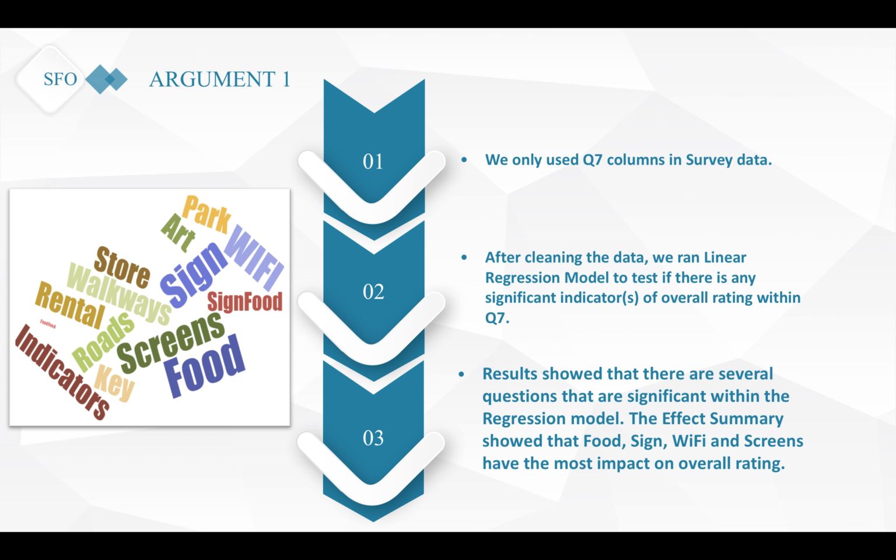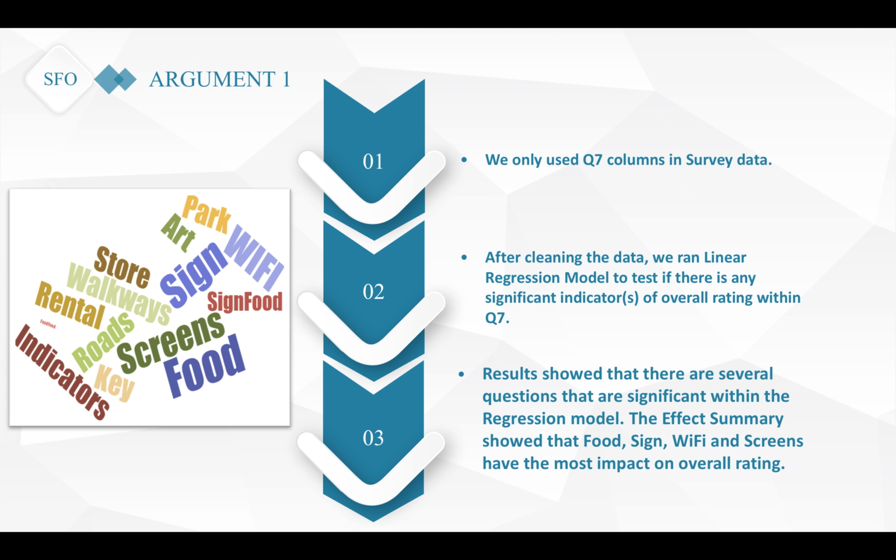So in the first argument, based on our first research question, we only use the question 7 columns in the 2017 SFO customer survey data. After using the average to replace the invalid data, we ran the linear regression model to test if there is any significant indicator of overall rating in question 7. The results show that there are several questions that are significant in the regression model, as you can see from this.